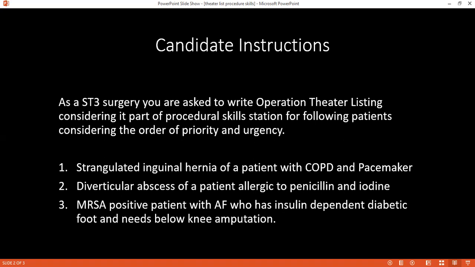In a COPD patient, first of all, I will try to operate as soon as possible. I will not do laparoscopic surgery for this COPD patient. And preoperatively, I will assess the chest X-ray, pulmonary function test, and ABGs will be done before operation.